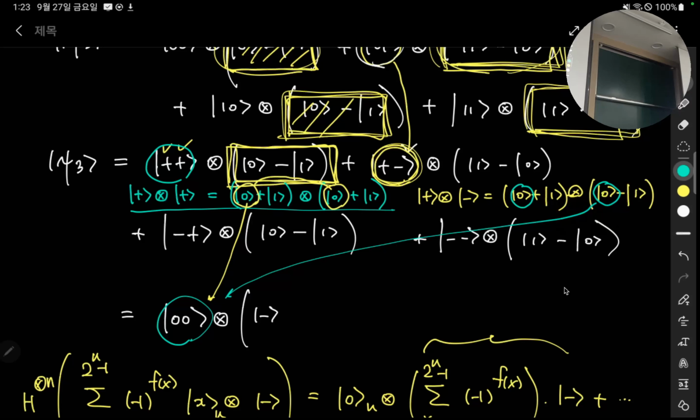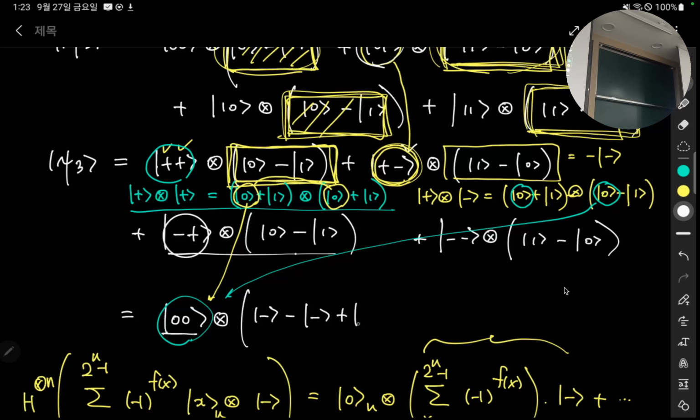Then what is it multiplied to? What is it tensor product to? This one, right? So this is minus cat. Okay, so I'm going to add minus cat because of the second term. So I'll do the third and fourth. On the third term, I get 0, 0. Again, the sign is positive on this side, but then I get the minus cat here.